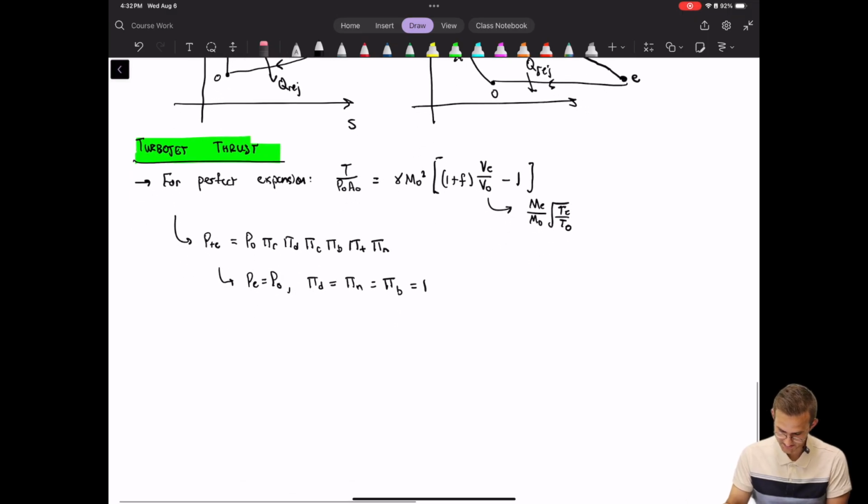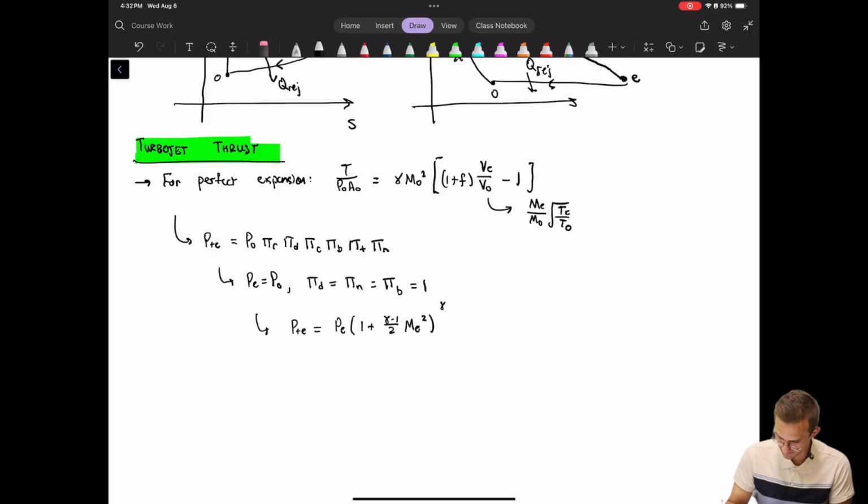Okay, so then things get real simple. So if we proceed from here, first off, we can write PTE itself in terms of PE times 1 plus gamma minus 1 over 2 ME squared, to the power gamma over gamma minus 1. So that's just what PTE is. We can write it in that form.